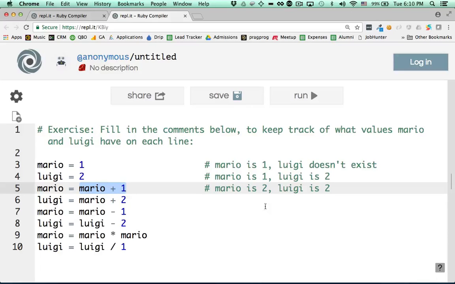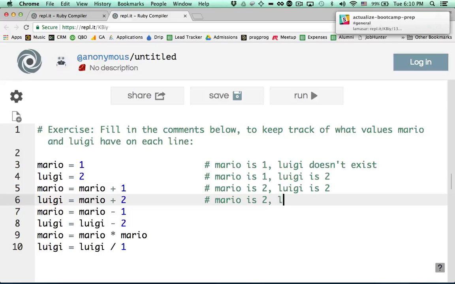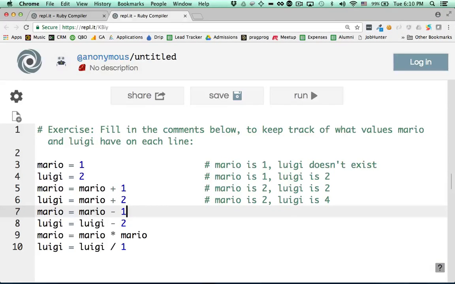Awesome. On line 6, what do we got? Mario is 2 and Luigi is 4. Looks good to me. How about line 7? Mario is 1, Luigi is 4.